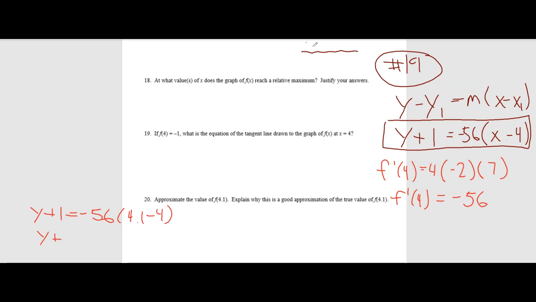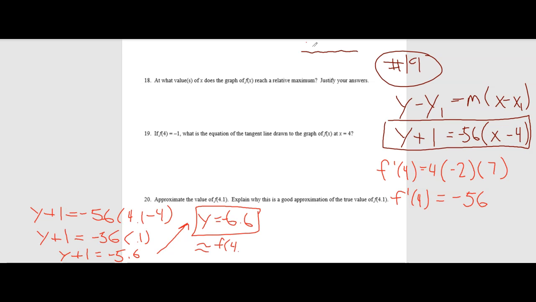I get y plus 1 is equal to negative 56 times 0.1, which gives me y plus 1 is equal to negative 5.6, and then I subtract 1 from both sides, and I get y is equal to negative 6.6. So this is approximately equal to f of 4.1.